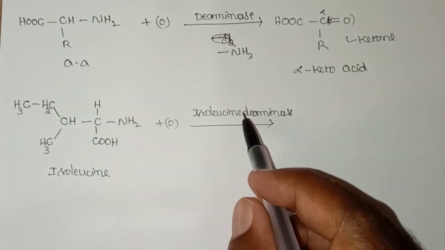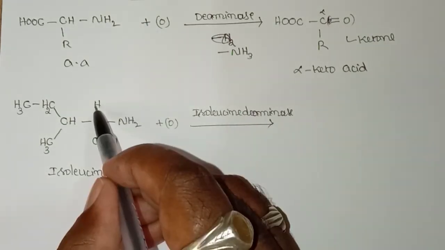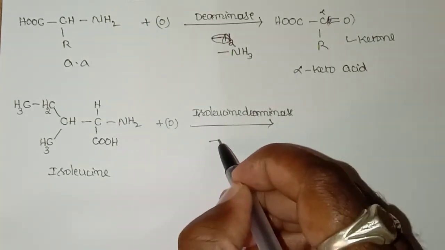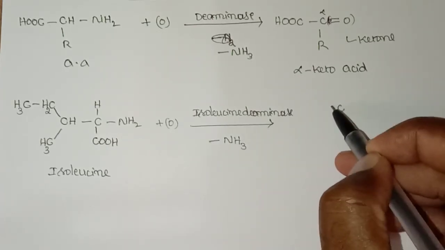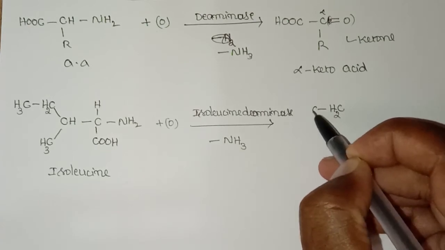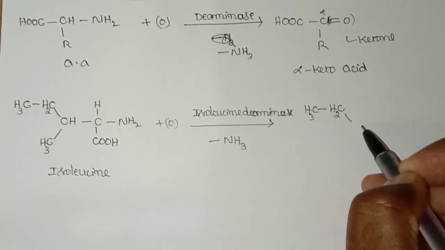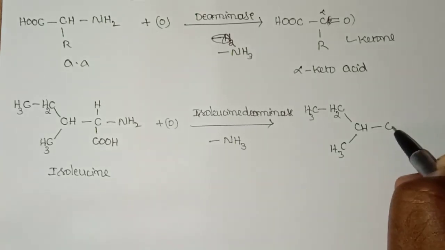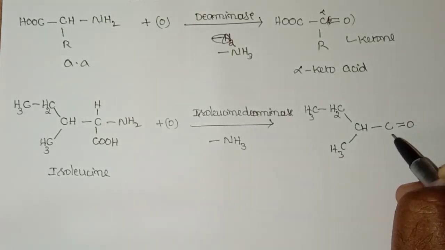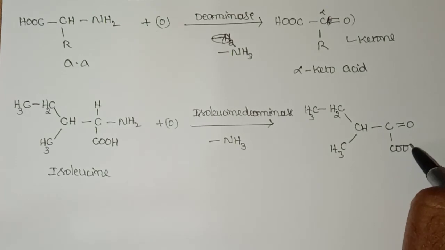In the presence of this enzyme, again NH2 will pick up the alpha hydrogen, resulting in the elimination of ammonia, and the resulting material will be CH2, CH3, CH, again CH3, C double bond O, COOH.